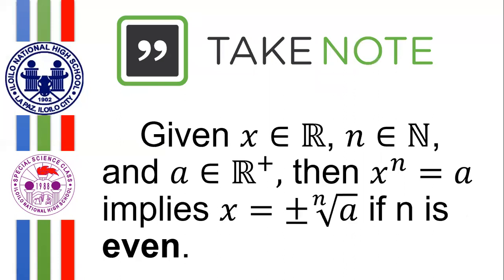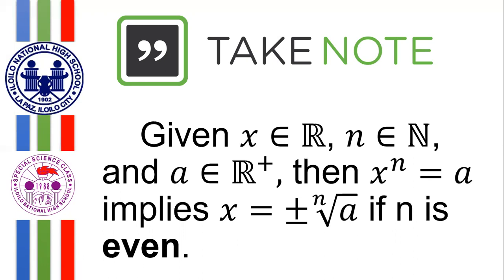Take note: given x an element of the real numbers, n a natural number, and a a positive real number, if x raised to n is equal to a, this implies that x is equal to plus or minus the nth root of a, provided that n is an even natural number.